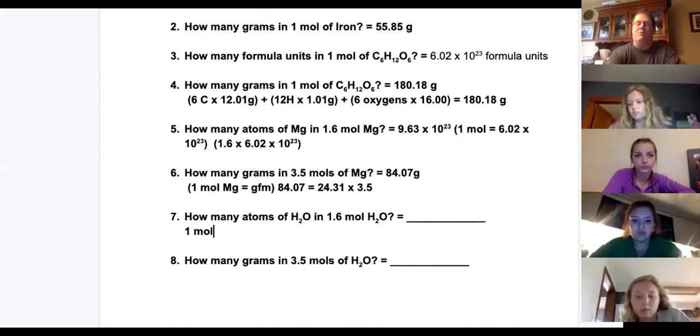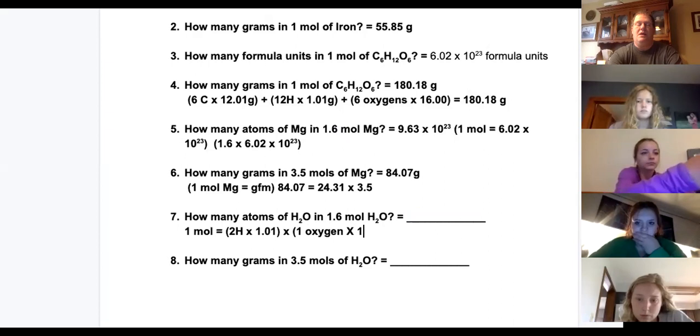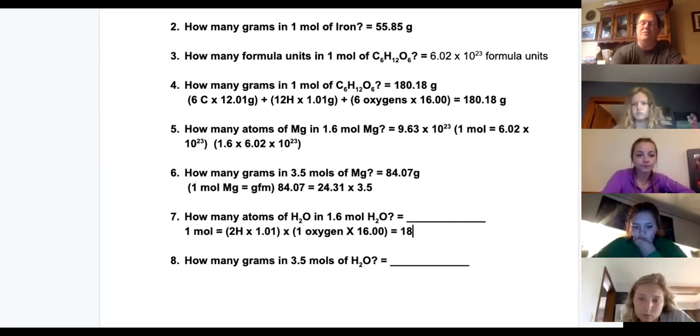We know 1 mole of water would be its gram formula mass. 2 hydrogens times 1.01 plus 1 oxygen, 16. I add that up for the gram formula mass, and you get 18.02.